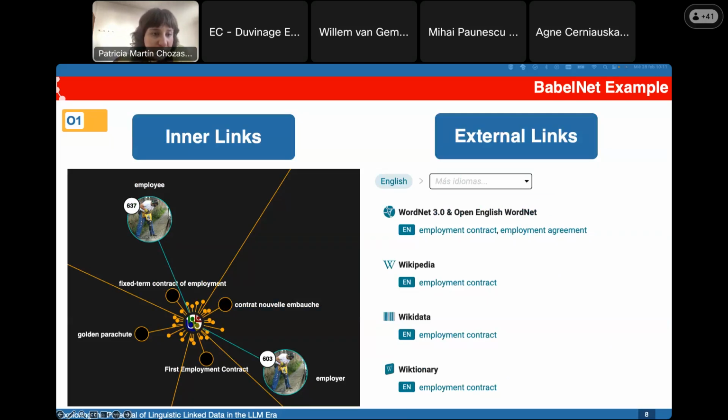We already mentioned the employee and employer concept, but we can also see maybe not so direct relations, but narrower relations, such as fixed term contract of employment, that can be also useful to perform NLP tasks. And on the other hand, we have external links, which mean that this term is also present in other resources, such as the already mentioned Wikipedia, Wikidata, and Wiktionary.